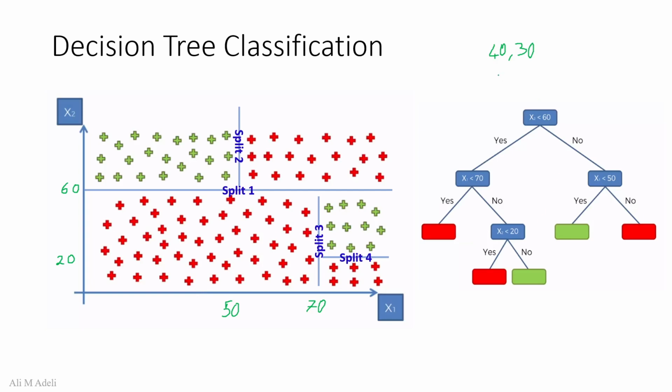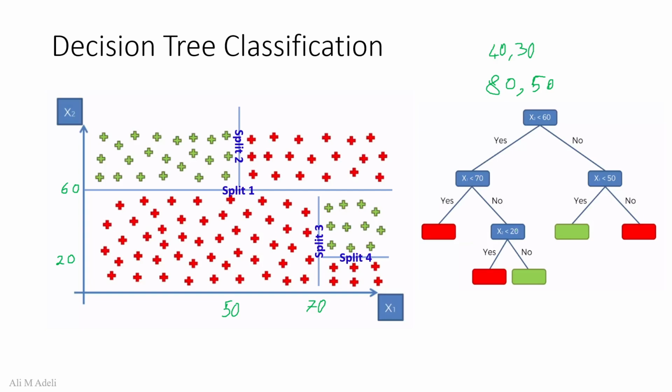Let's do another example. Let's say we have x1 is 80 and x2 is 50. Is x2 less than 60? Yes. Is x1 less than 70?